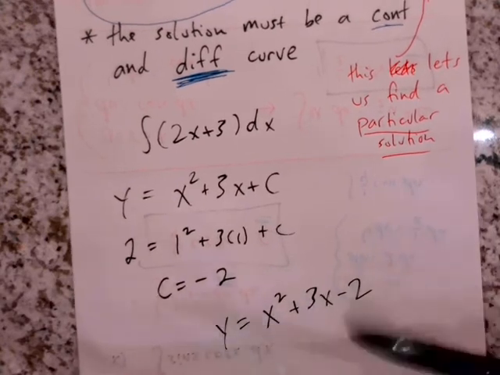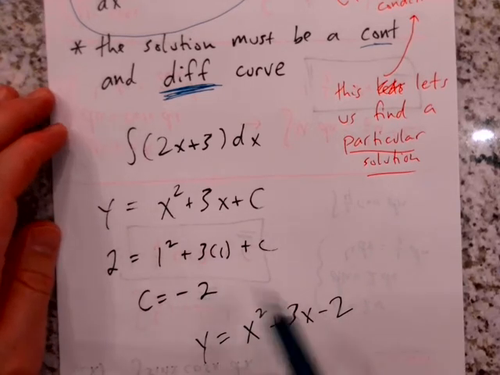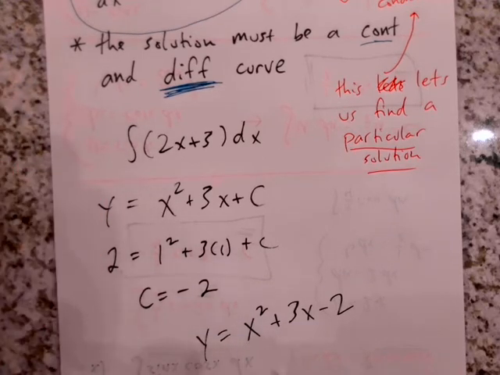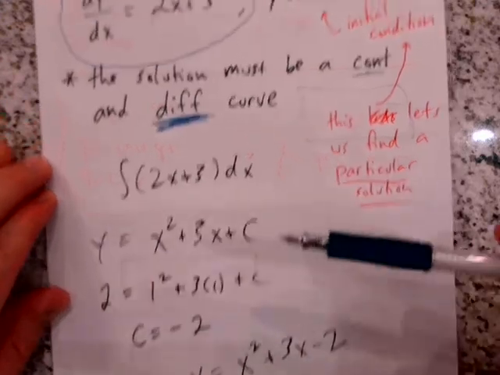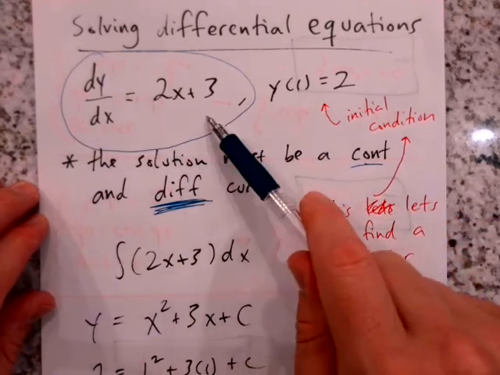But before we circle that, we ask ourselves, do we lose continuity or differentiability anywhere? So to figure it out, we look first at our solution. It's a quadratic. Quadratics are differentiable everywhere. They're nice and smooth the entire way. There's no issues there. So our solution has no issues. We also go to the derivative, the differential expression. This is just a linear expression.